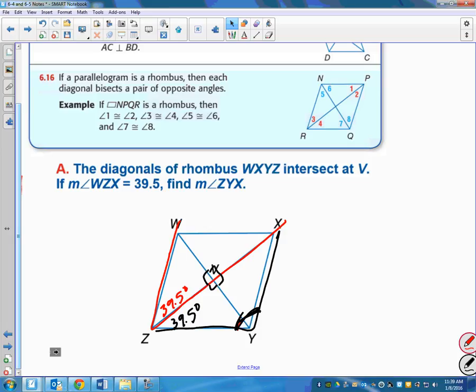I subtracted 39.5, 50 and a half, I think. And then what do I know about this side? Or you could just double 50 and a half. So 101.